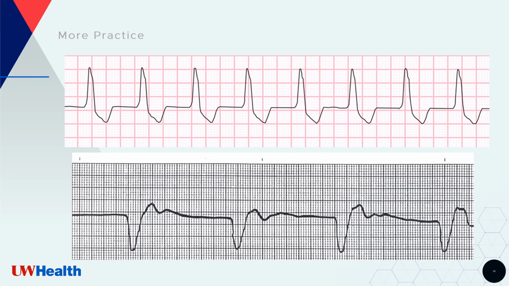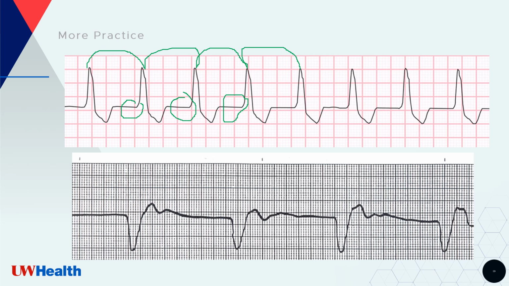Let's look at a couple more. This first rhythm strip here, is that regular? Why, yes. If you do your measurements from R to R, definitely yes. Sorry that my little drawing is a little haphazard there. Do we have P waves? No, there are no P waves there. So this does not start with an impulse from the top of the heart at all.